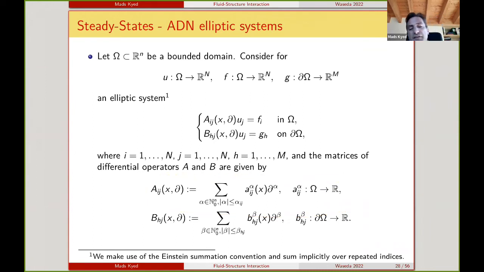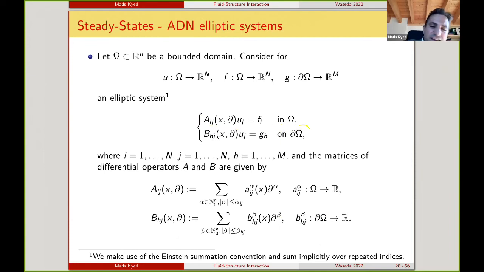Well, wait a minute, I'm not allowed to say elliptic before I define what it means to be elliptic. So we just have general matrices of differential operators. We have one matrix A for our, let's call it, field equation, so one system of differential equations in our domain omega.